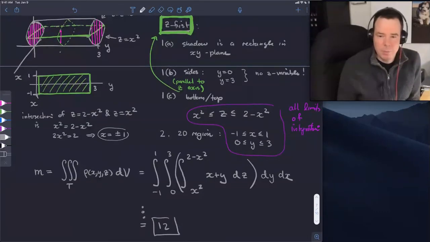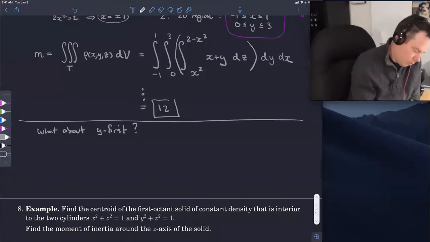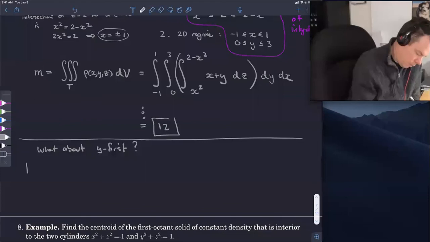I mean, another integral might have been to do a Y first integral. Because if we do a Y first integral, we're integrating along the Y direction, then our shadow is going to be just that region trapped between the two parabolas in the XZ plane. So maybe I'll just take 1 minute to set this up. What about, let's say, Y first? So if we do a Y first integral, then we'll redraw our region. It's going to look like that, like that.